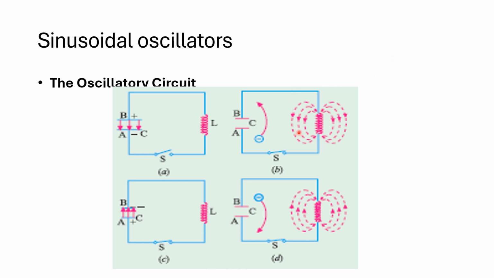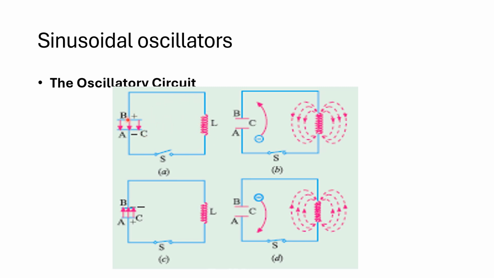So here is now our oscillatory circuit. Usually an oscillator, in this example, is an LC circuit or a tank circuit. What do we mean by a tank circuit? It is made up of two reactive elements, an inductor or a coil and a capacitor.